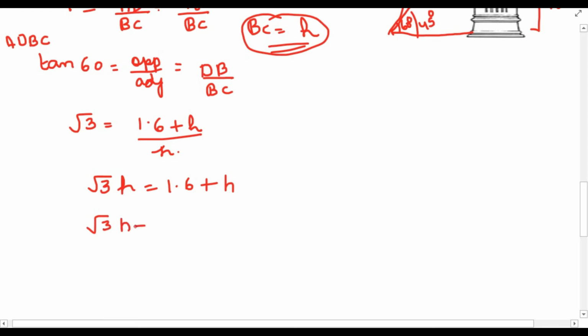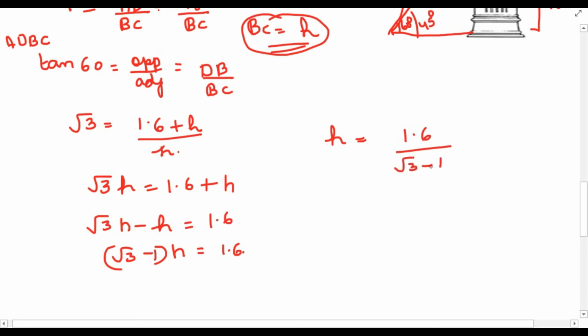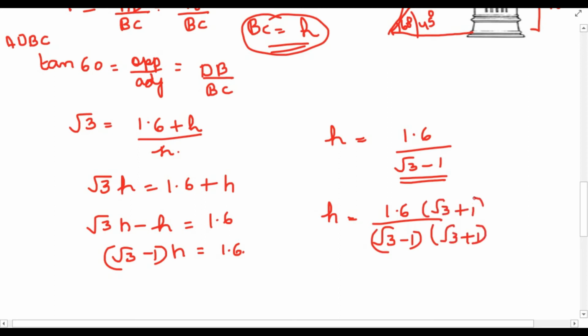Root 3 h minus h equal to 1.6. Root 3 minus 1 into h equal to 1.6. Therefore, h is equal to 1.6 divided by root 3 minus 1. So this is the height of the pedestal, or you can simplify it further. 1.6, rationalize the denominator, root 3 plus 1 into root 3 plus 1.